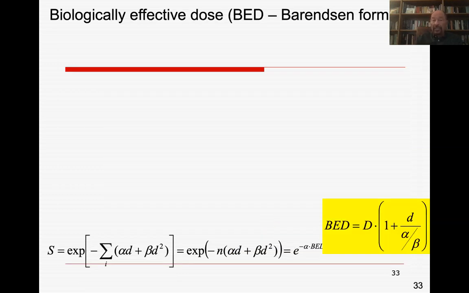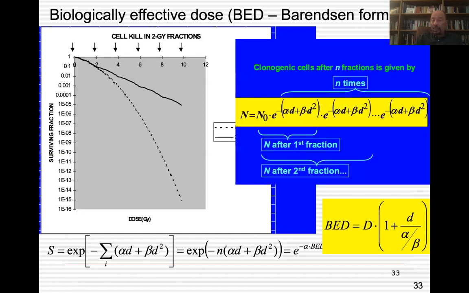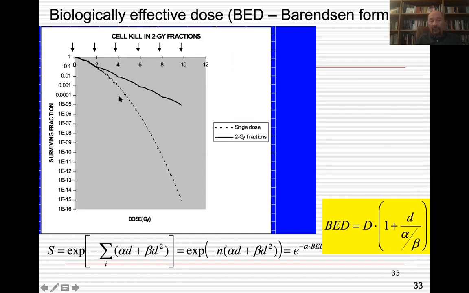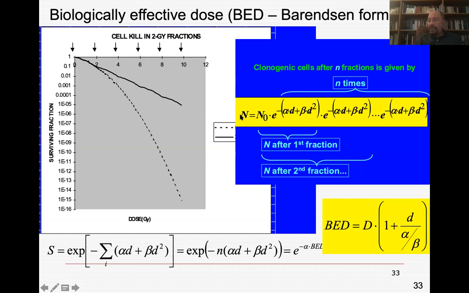Another way to represent it is this. If you fractionate now, and you look at the survival curves, then the number of survivors would be N0 e^(-alpha d plus beta d squared) for the first one, then times e^(-alpha d plus beta d squared) for the second one, and so forth for n times. So the total survival after n fractions can be written in this way.